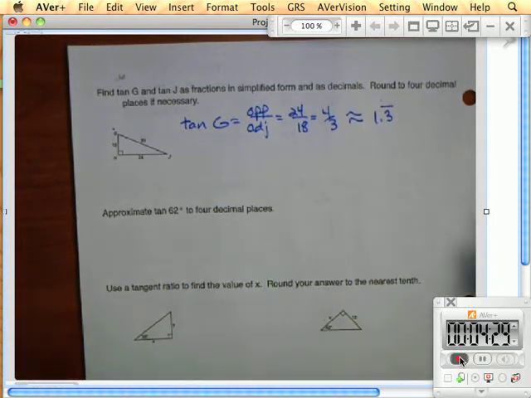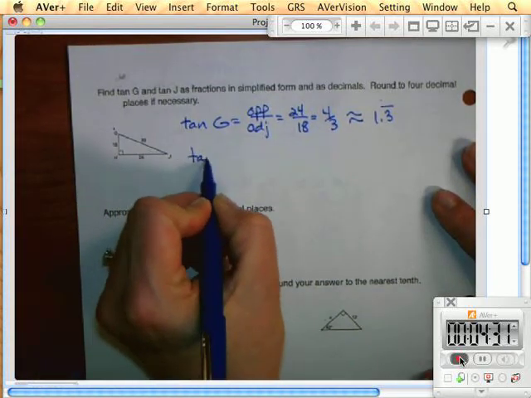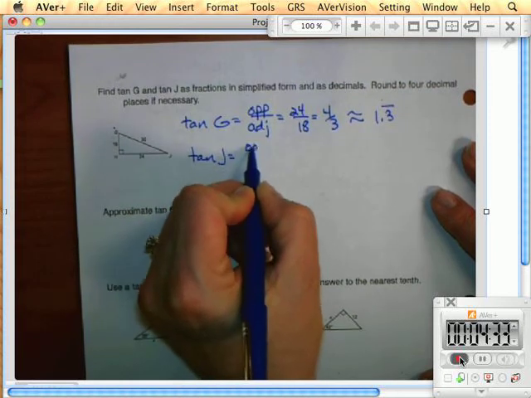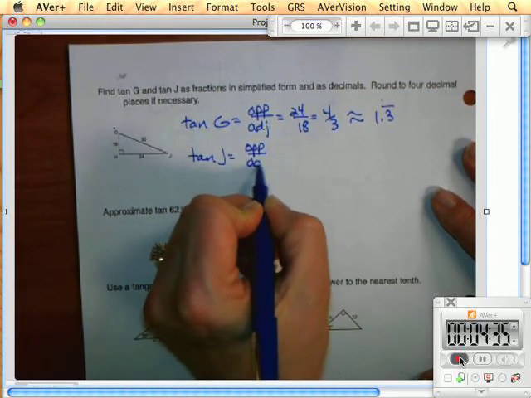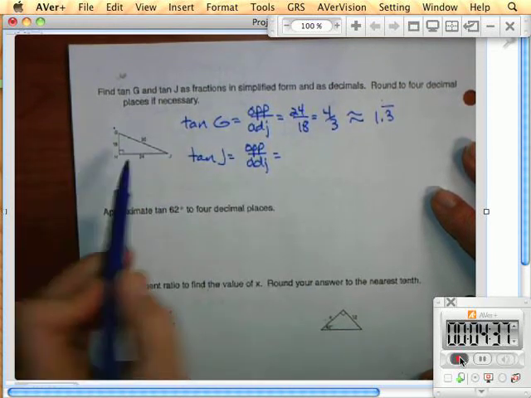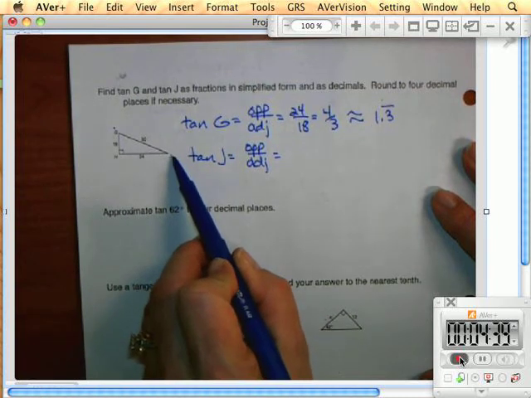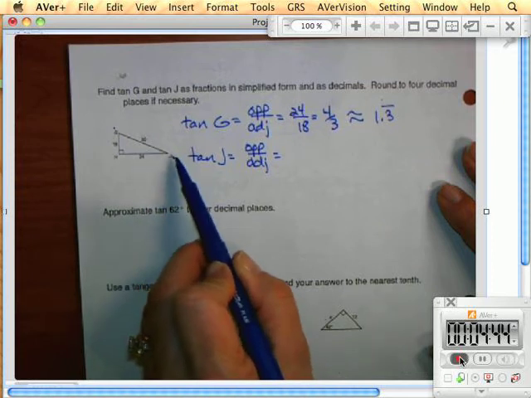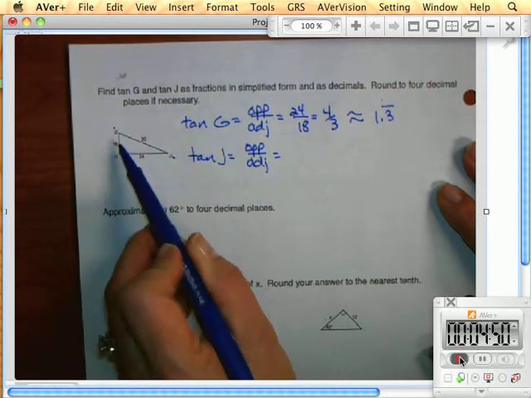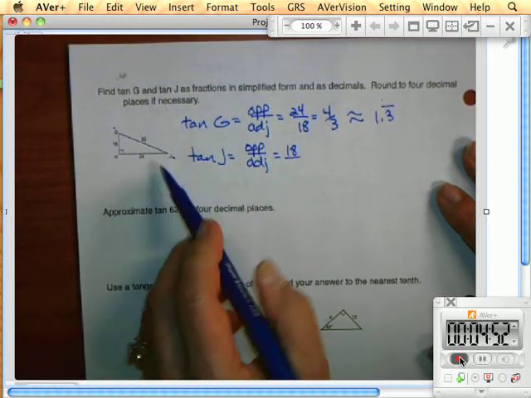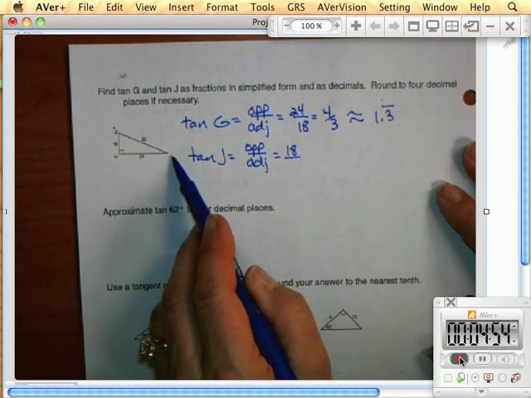And then we're going to do it for J. Tangent of J equals the opposite over the adjacent as well. So here's J. How long is the leg opposite? 18. You go all the way to the other side there, and that's 18. And how long is the leg adjacent to J?